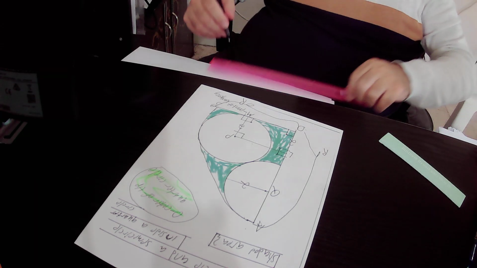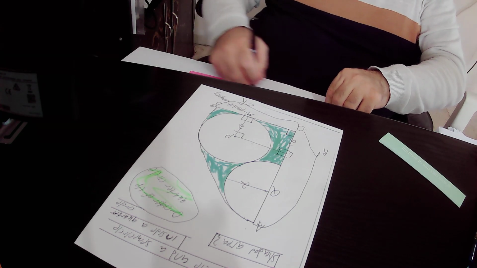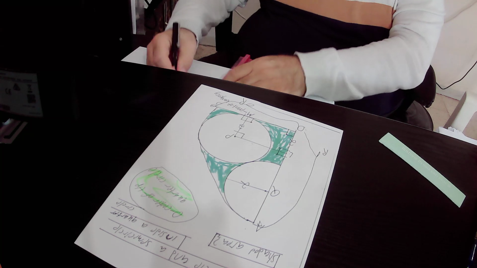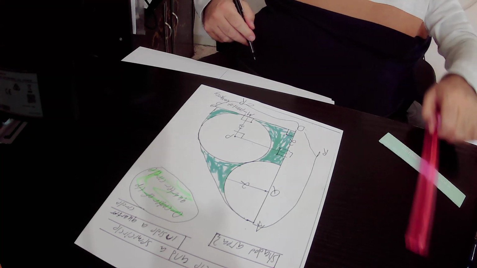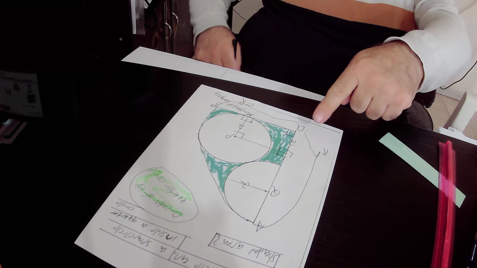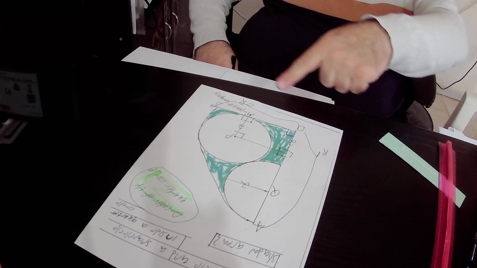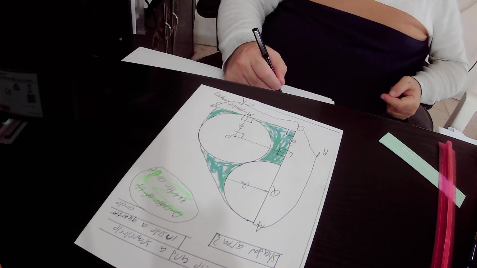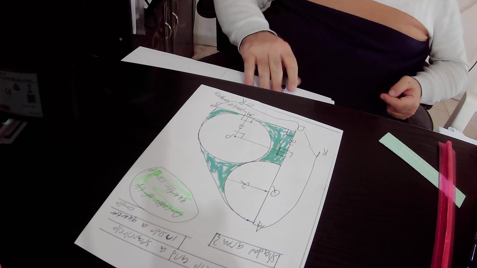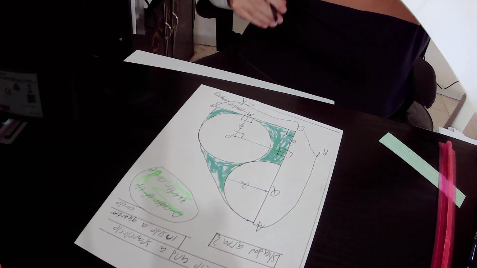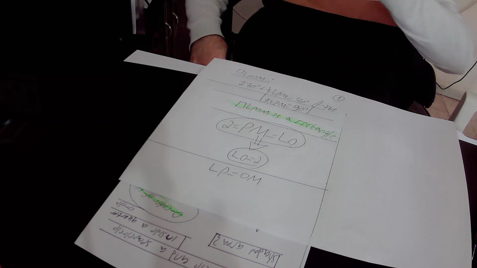Likewise, according to the same rule that the opposite sides of a rectangle are equal to each other, we will get that side LP equals side OM. LP equals OM according to the same rule.